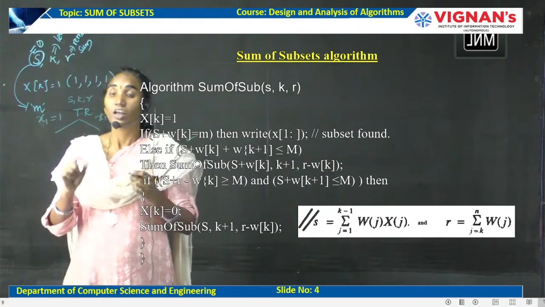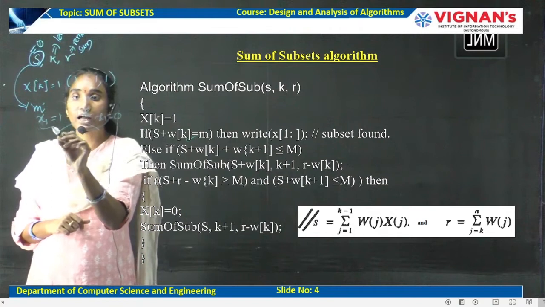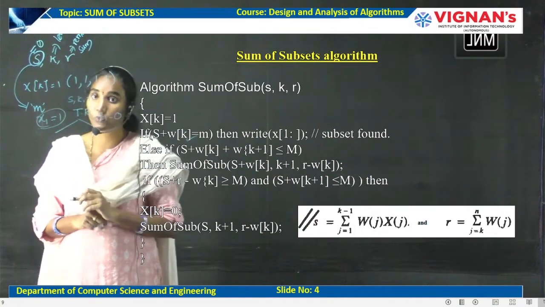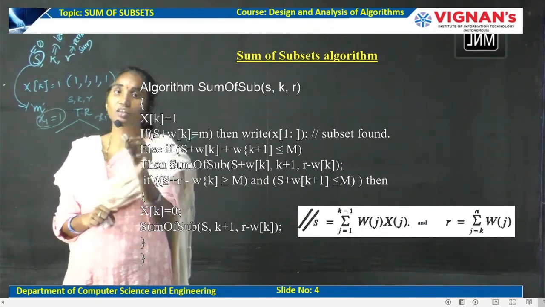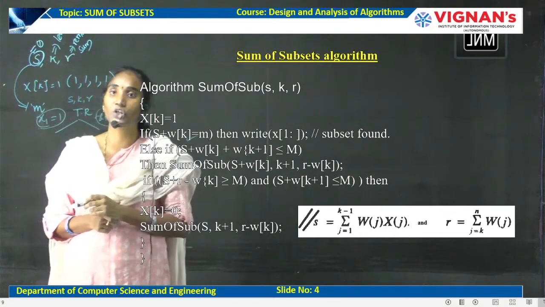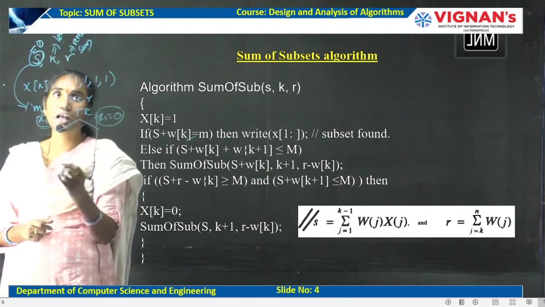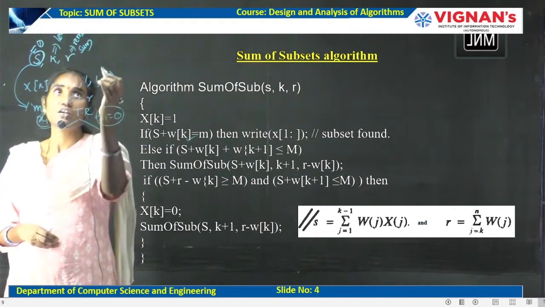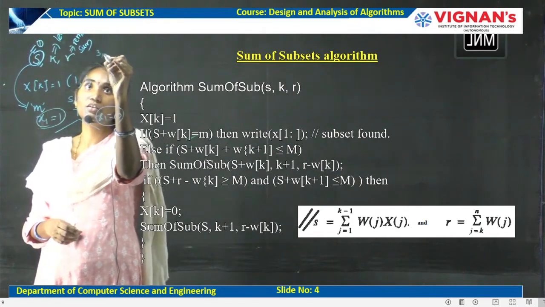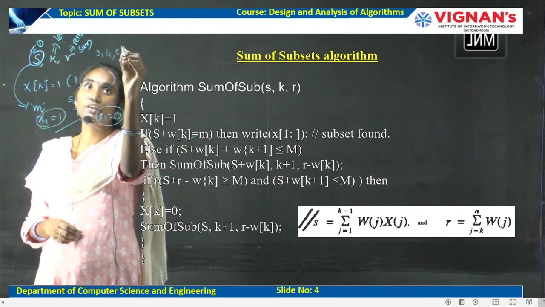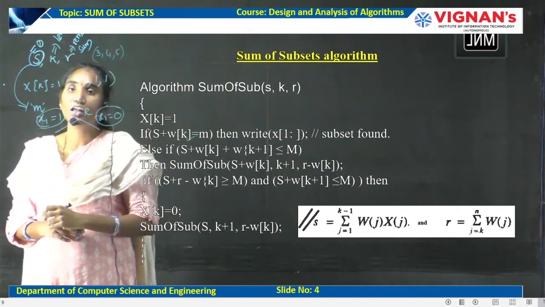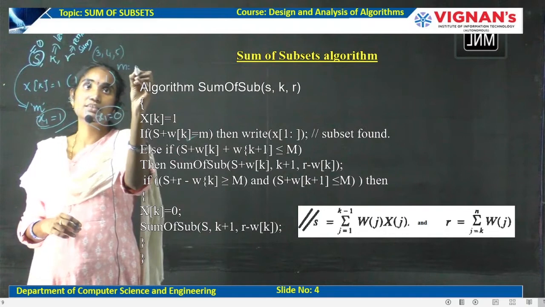What does it mean? Here I have taken the first weight into consideration, and here I have not taken the first weight into consideration. So initially let us consider I'm having the weights like this, which are 3, 4, 5. These are the given weights and my m is 7.